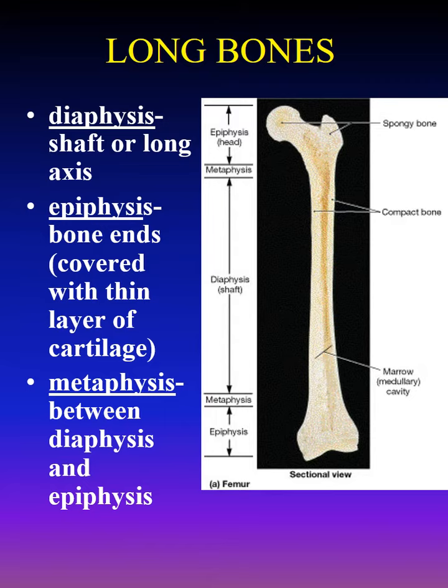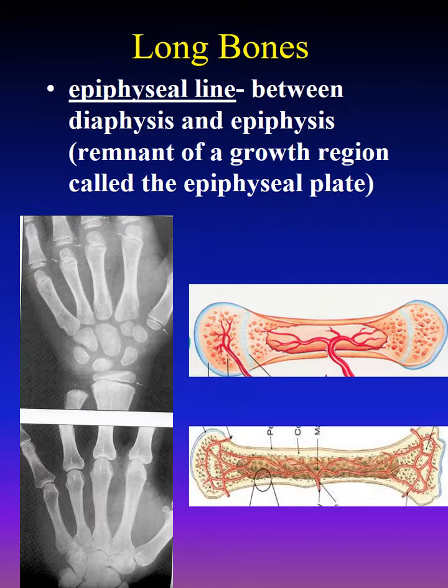And so this is where we also have the epiphyseal plate, or the growth plate. The epiphyseal plate is going to be a region, again, found within the metaphysis, and this is where we have a lot of growth that occurs as we are children.